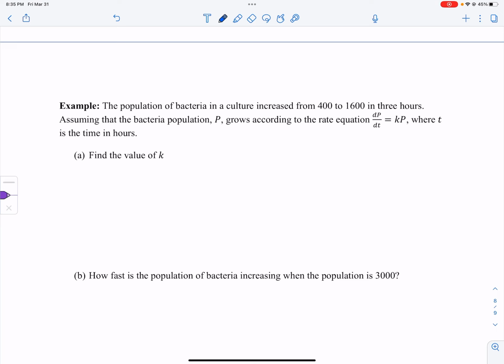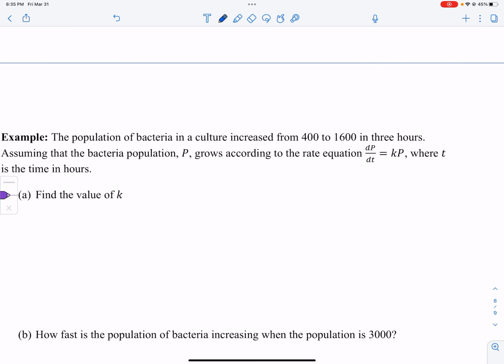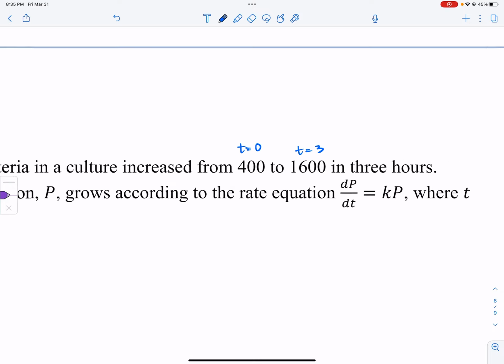Okay, well, we don't know what the initial time is, but we are given two different populations where we can think of 400 as being our initial population, t equals 0, and then 1600, that population would correspond to t equals 3 hours.